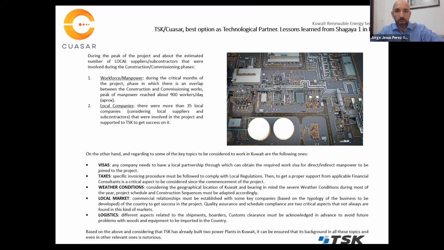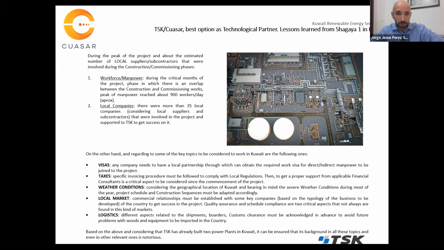Not all companies know how to do it and how to handle different companies, even local companies, because you cannot bring all the companies from Spain or from Europe, which is the normal standard. So this is not something easy, and TSK did it correctly. Here we managed up to 35 local companies.